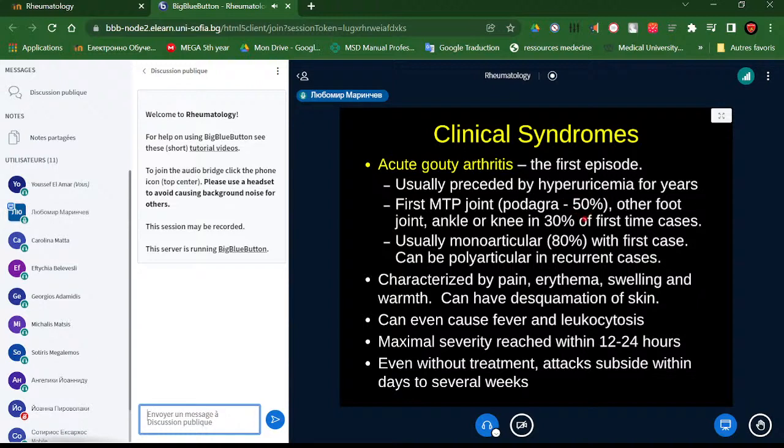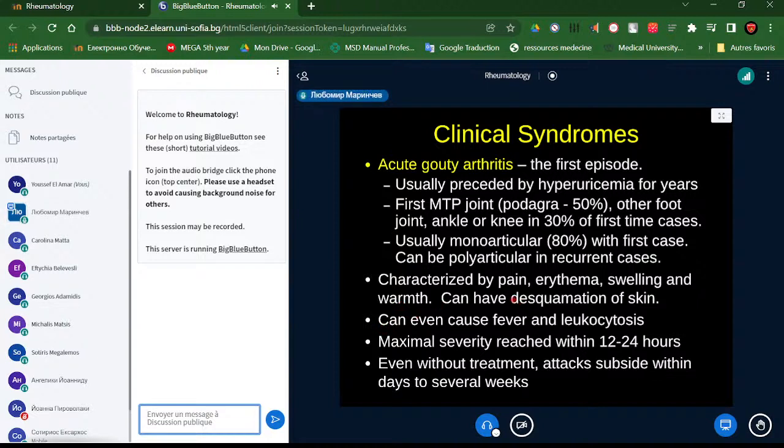It accounts for 50% of the patients. Other foot joints, for example, ankle, knee, account for 30% of first-time cases. Usually the gouty crisis is monoarticular in 80% of patients with the first case, but it can be polyarticular in recurrent cases.